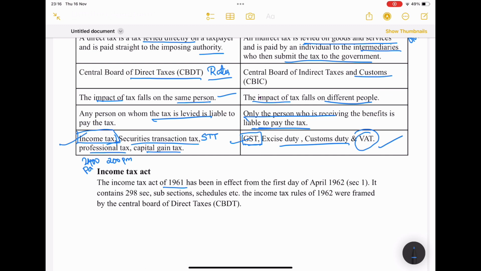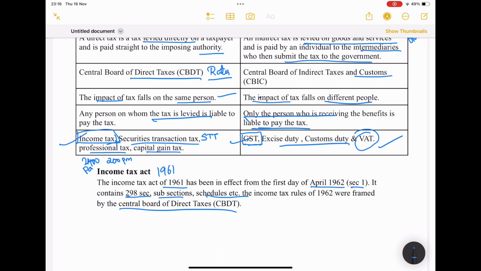It has been effective from the first day of April 1962 under section 1. It contains 298 sections, subsections, schedules, etc. Income tax rules of 1962 were framed by the CBDT. So generally it started from 1960 to 1st April 1962, but we always call it the Income Tax Act 1961.